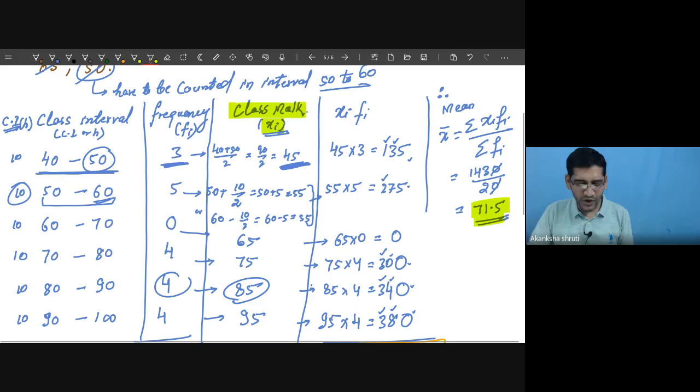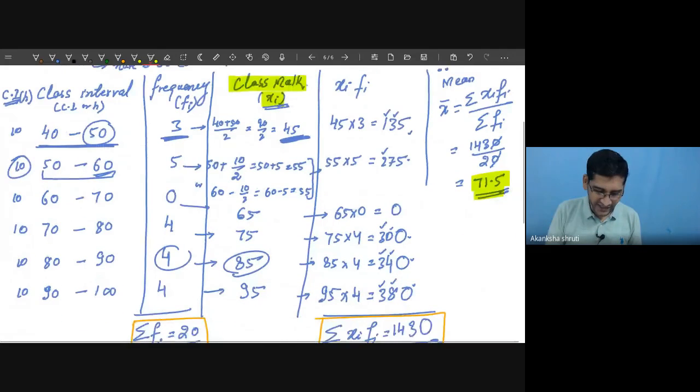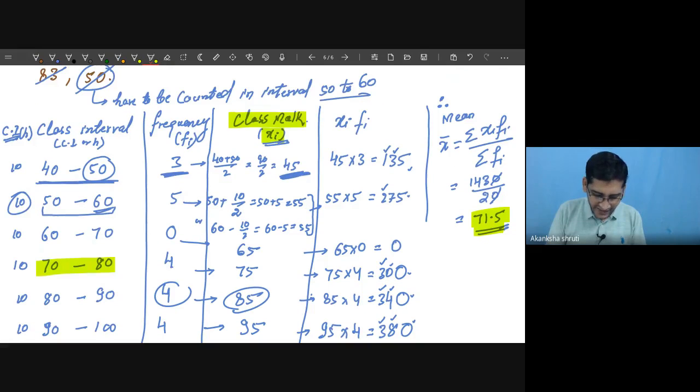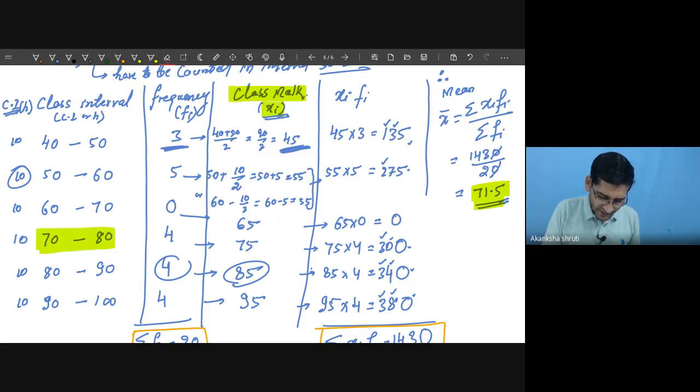Where is the 71.5? Whether it is lying in the frequency table? No, student. It is lying somewhere in between this. Getting now? So this way, understand carefully that the mean that we are obtaining is for the class interval. So this is the class interval in which the mean is lying. If you are observing, it is closer to the middle one. What are the middle ones?